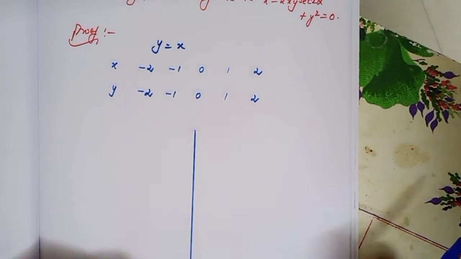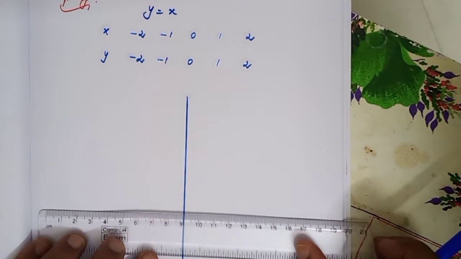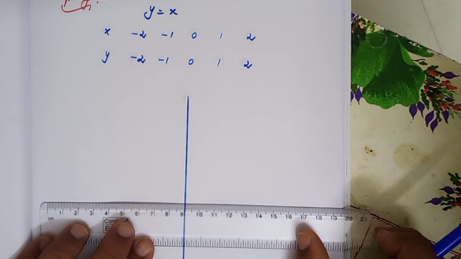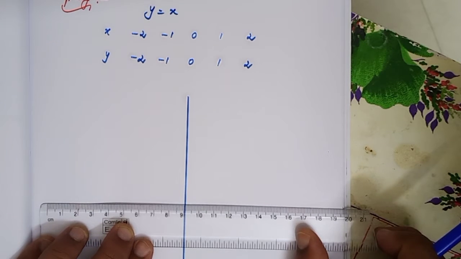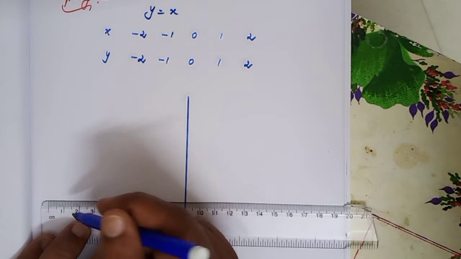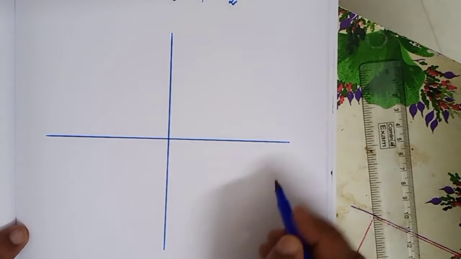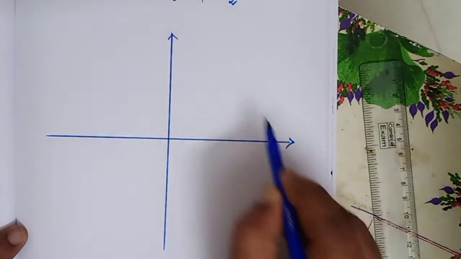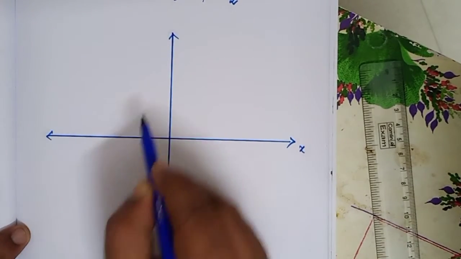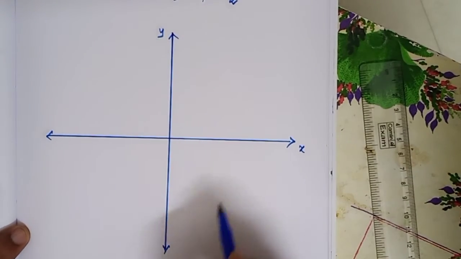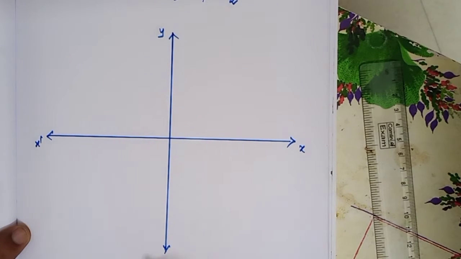For constructing a straight line, only 2 points are enough, but I have taken 5 points here. Your x-axis, y-axis, this is x dash, y dash.